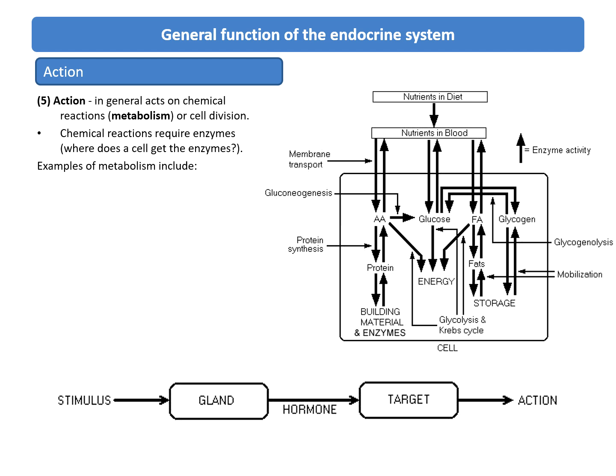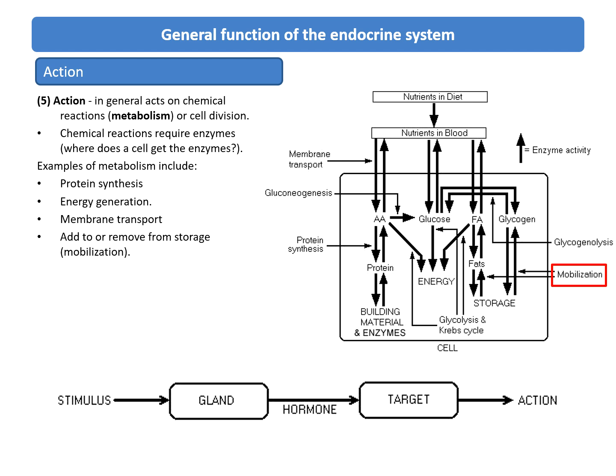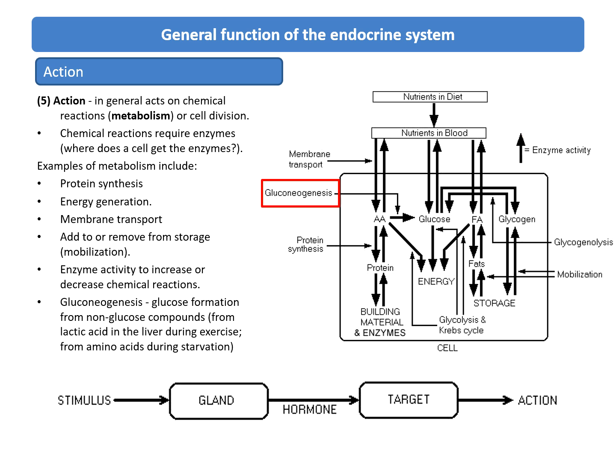Examples of the metabolic effect include protein synthesis, energy generation, membrane transport, to add or remove from storage, called mobilization, and enzyme activity to increase or decrease chemical reactions in general. In the diagram, the heavy arrows represent enzyme activity. Yes, it looks pretty complicated.